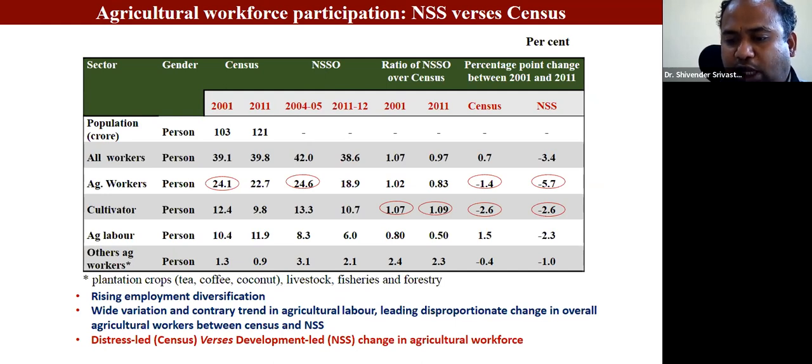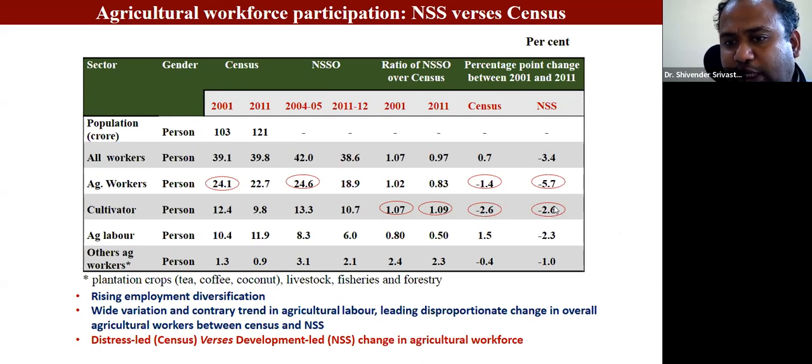I will not say the level of workforce should be the same, because one is census and one is sample, but at least the trend should be the same. But that did not take place, because the census data clearly shows that between 2001 and 2011, the number of cultivators has declined by 2.6 percentage points.